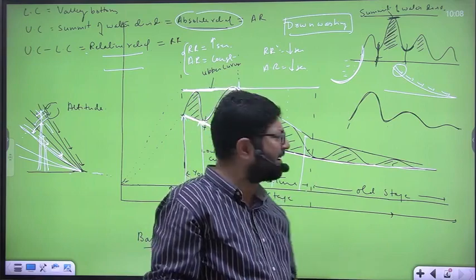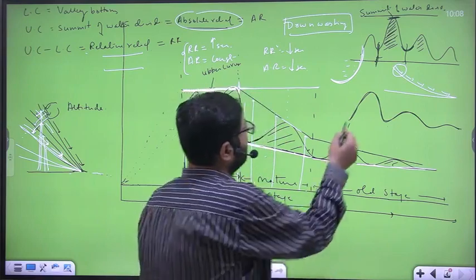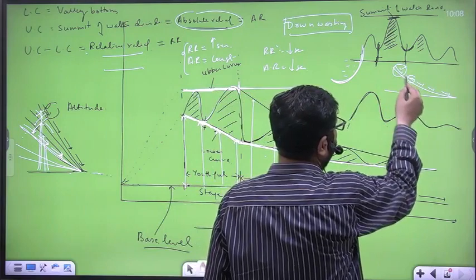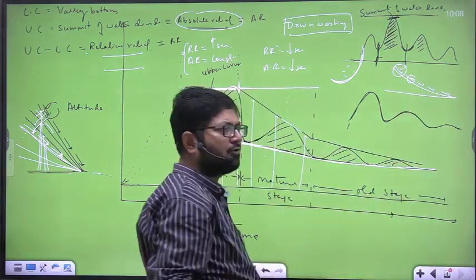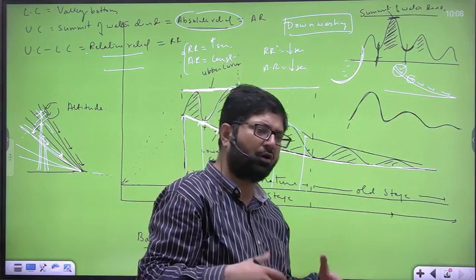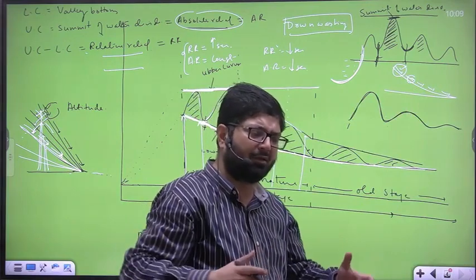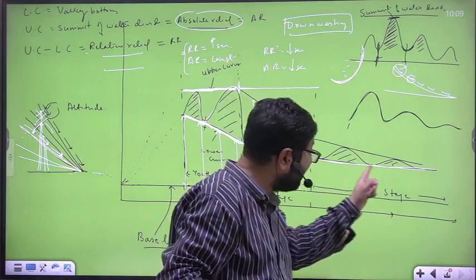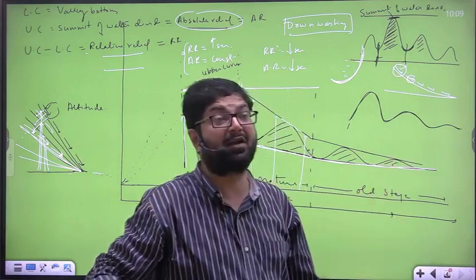Streams achieve graded condition when sediment transporting capacity and sediment present are both in equilibrium. Neither does it resort to erosion nor deposition. That means it does not deepen. That means now the river has reached graded condition.